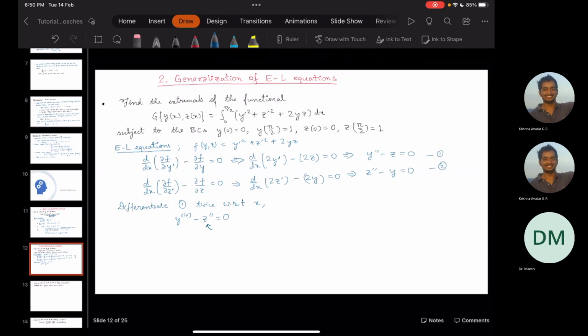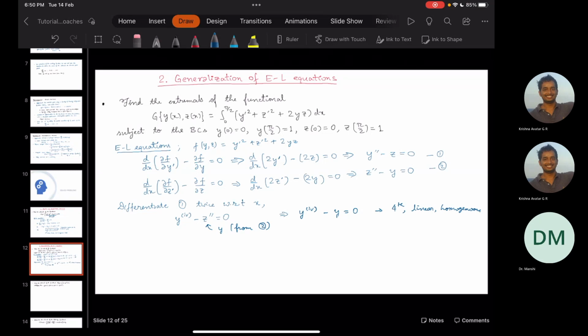This is a fourth order linear homogeneous ODE.